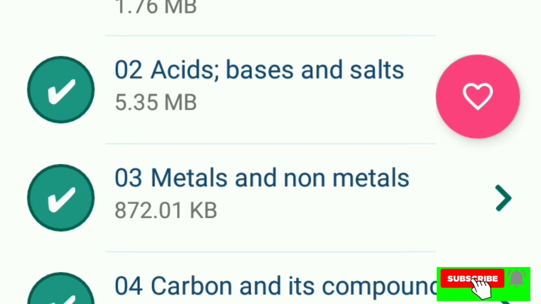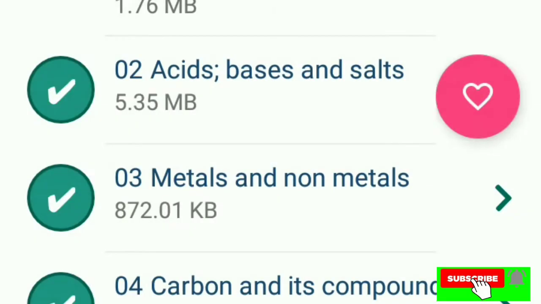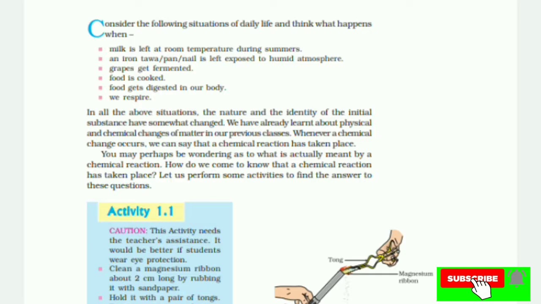First chapter is chemical reactions and equations. I will show you the chapter. Open the chapter. You can see chemical reactions and equations.